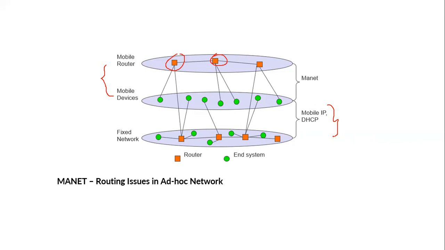Typically, mobile nodes in an ad hoc scenario comprise routing and end system functionality. In reality, some of the mobile devices themselves will act like a router.